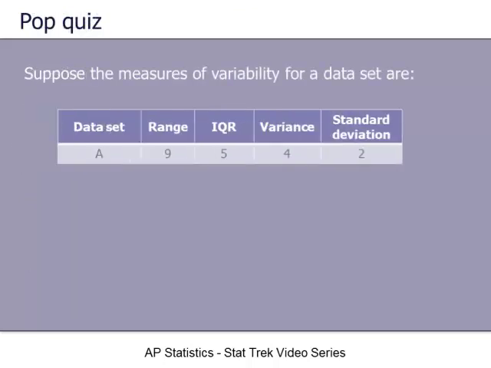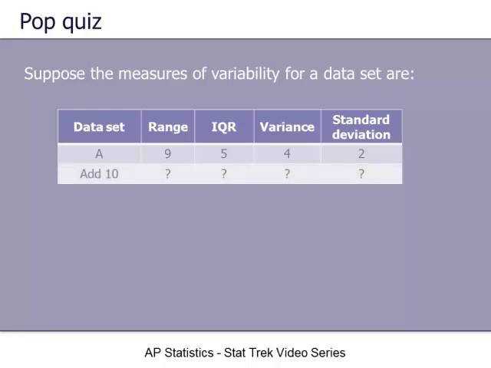Suppose dataset A is described by the following measures of variability: a range of 9, an interquartile range of 5, a variance of 4, and a standard deviation of 2. How would measures of variability change if you add 10 to every element in dataset A?